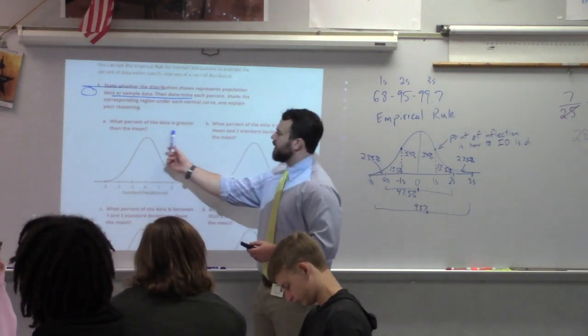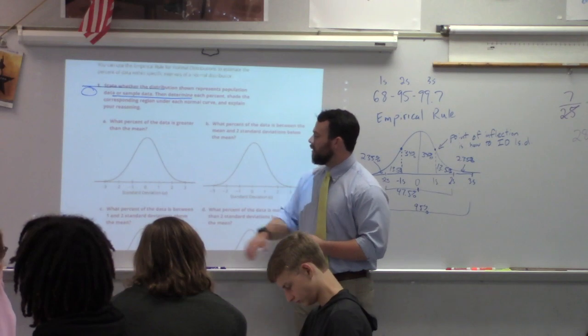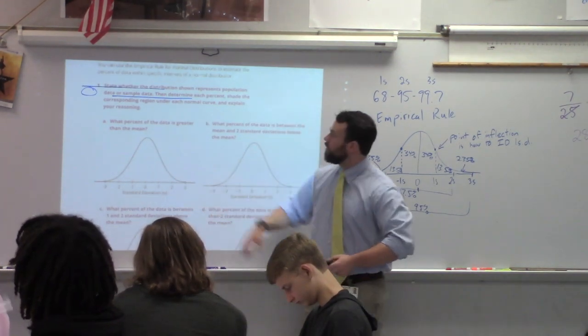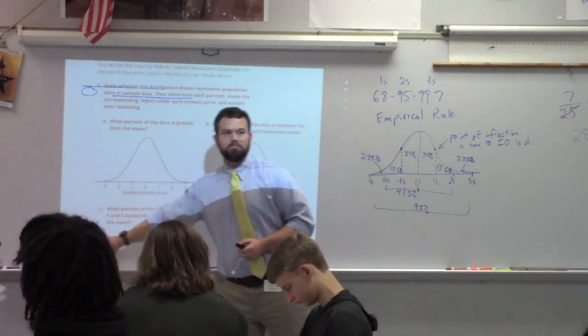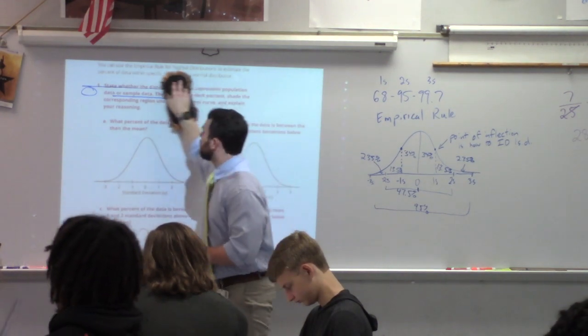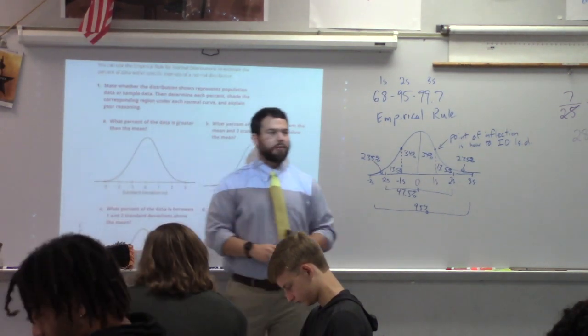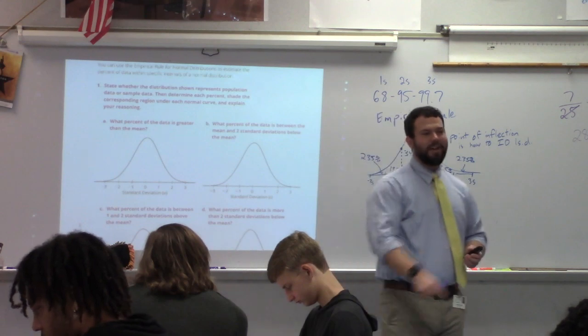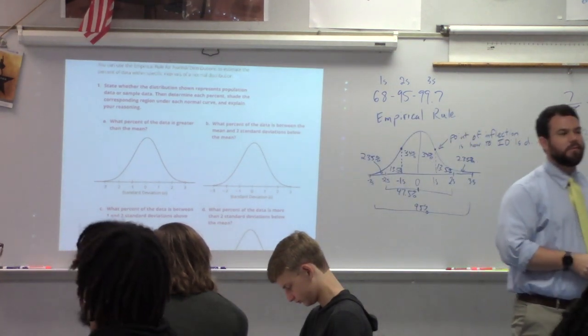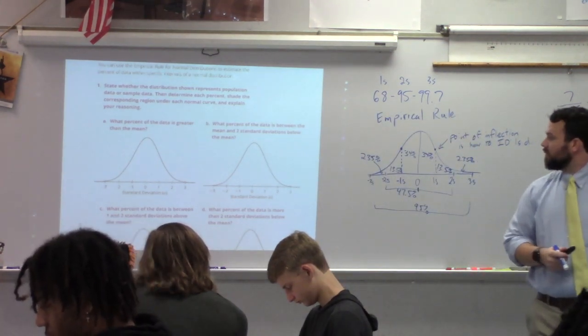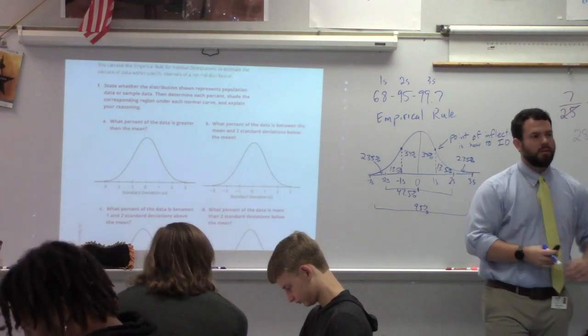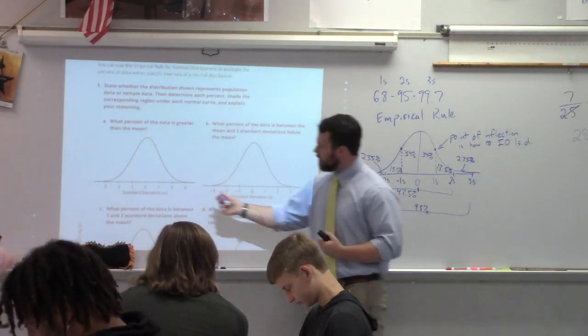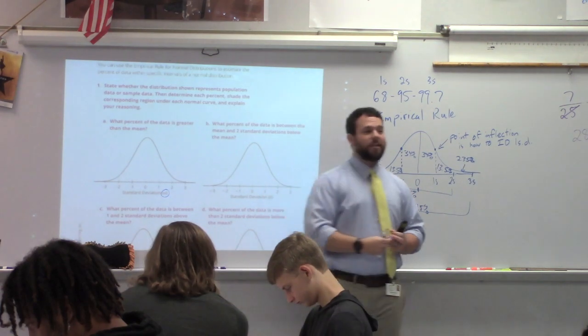What percent of the data is greater than the mean? So let's look at this curve. Does anyone know if this is for a population or a sample? Sample. Are you just guessing? Because that was a really quick reaction. Population. Do you have a reason for saying sample, Madison? Oh, wait. Population is a little symbol. What little symbol? Sigma. You see that sigma down there?